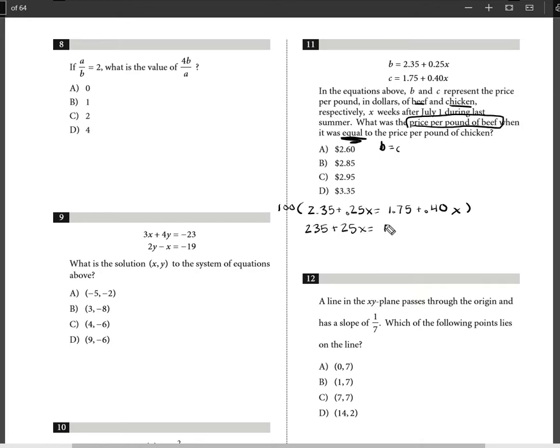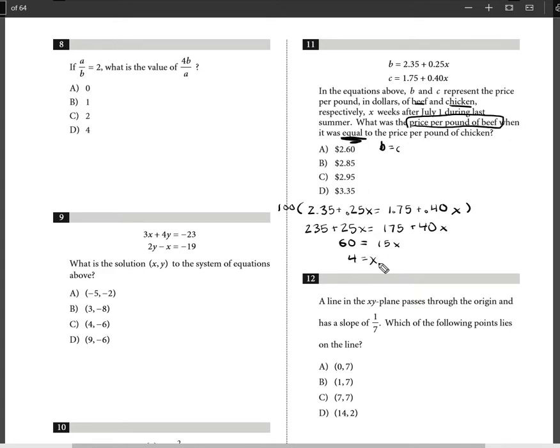The reason for that is you can make silly mistakes with decimal placement, so it takes a little time but saves you some errors. Next, combine like terms. Subtract 25x from both sides and you get 15x on this side. Subtract 175 from both sides and that should give you 60. Divide both sides by 15. Now you have 4 is equal to x.